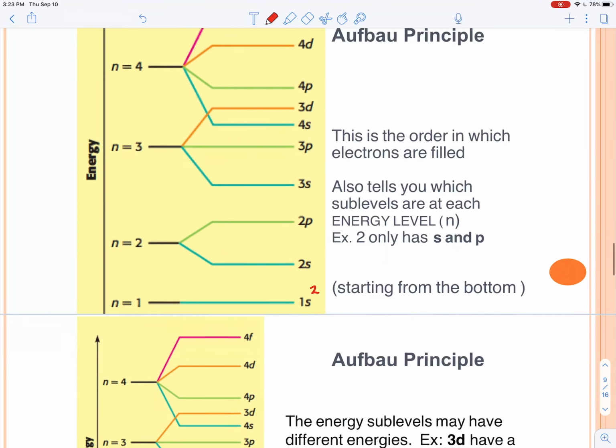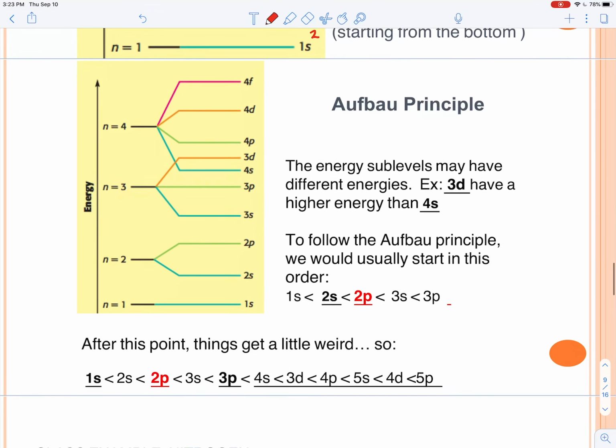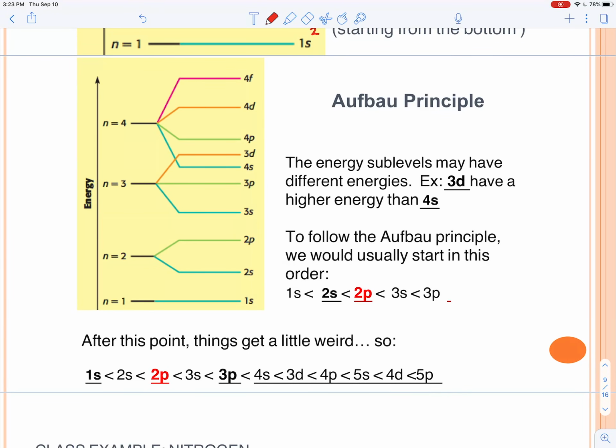And so let's, again, practice this. How would we do this? So basically, we're going to go from 1s to 2s. After 2s, we're going to go to 2p. After that, 3s, 3p, so on and so forth. So we're going to follow this order because this is the lowest energy first.